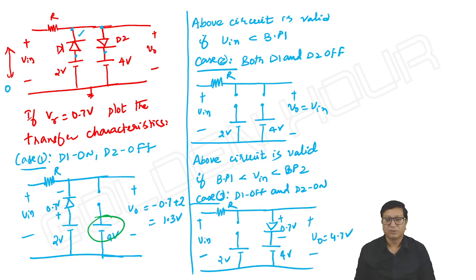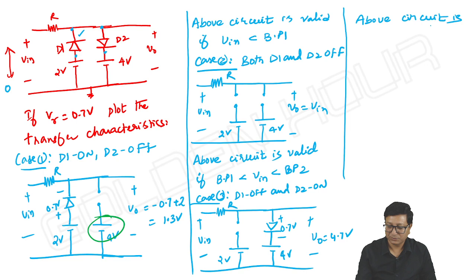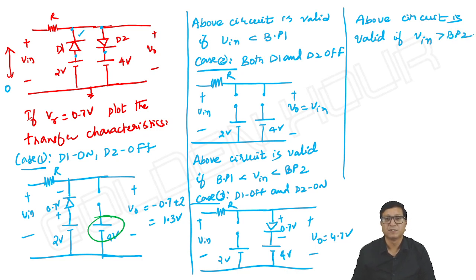So the above circuit is valid if V input is greater than breakpoint 2. That's it. These are the three possible circuits. Is there any other case possible? No. Now let us take the breakpoints.